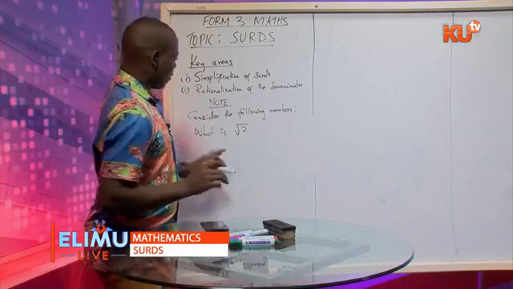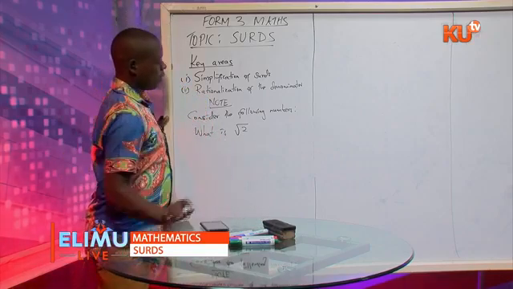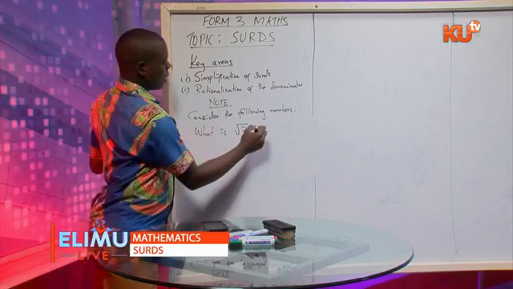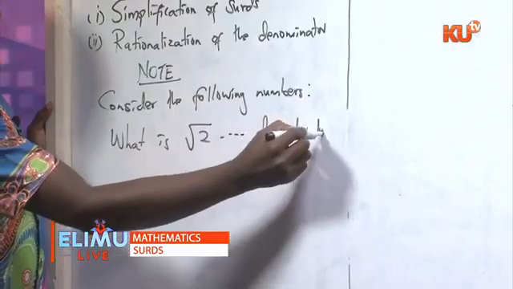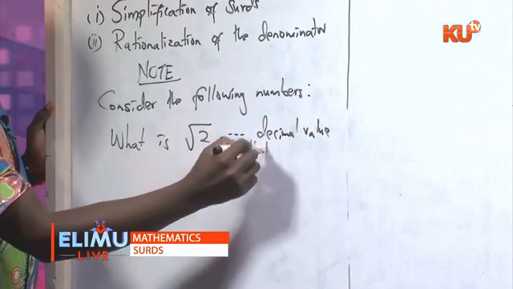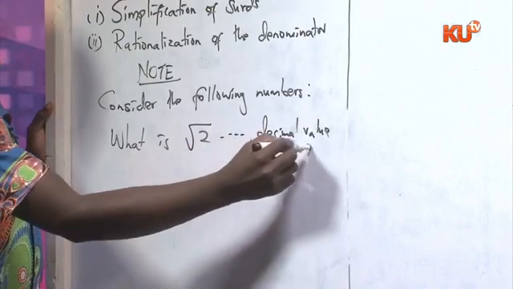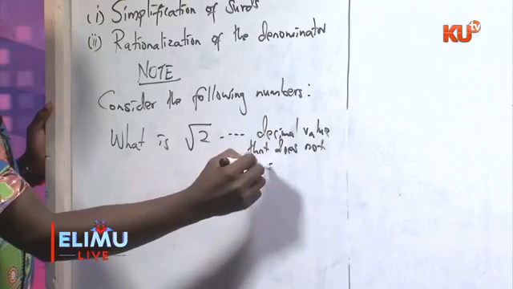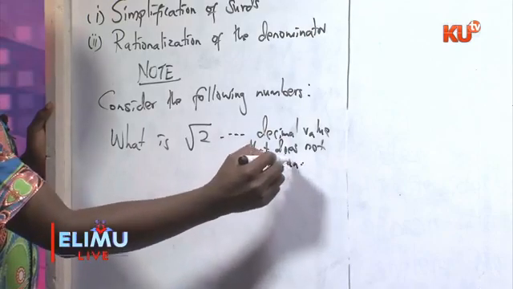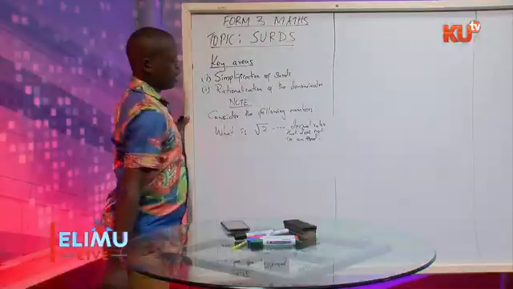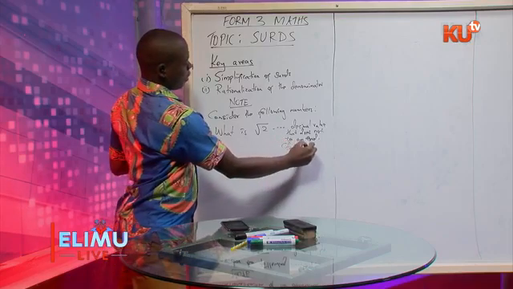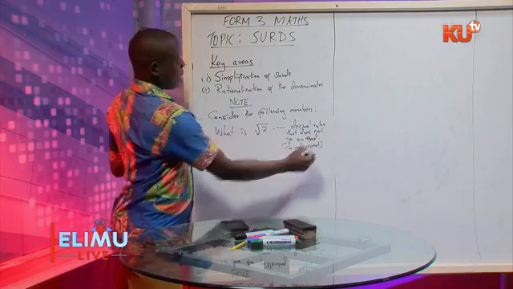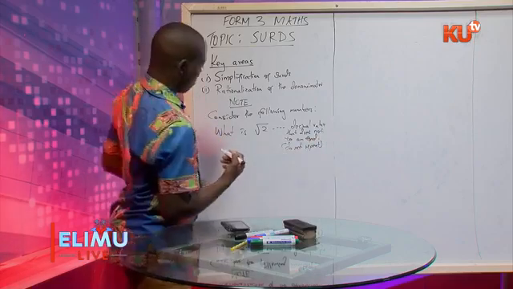Yes, you'll tell me that it gives a decimal number that does not come to an end, and the values do not repeat. So it is not a recurring value.